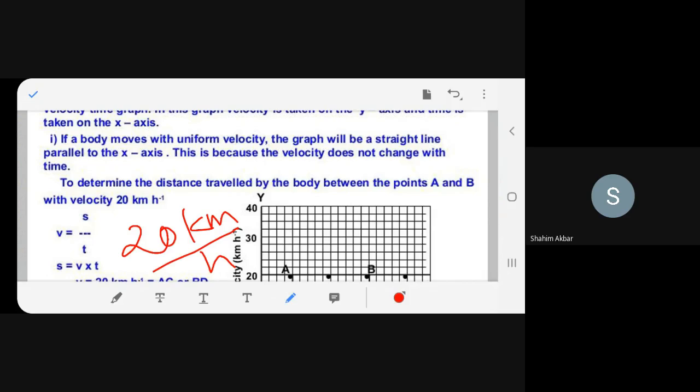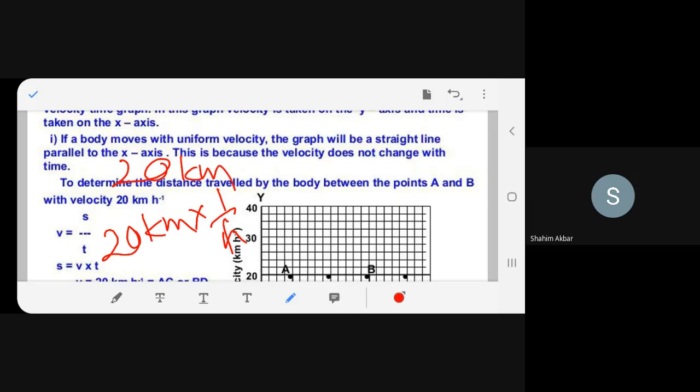Now the same thing I can write as 20 kilometer into 1 upon h. Can I do that? Yes, ma'am. Same thing, 20 kilometer. What is the 1 upon h? H I will take on top and it will become inverse.